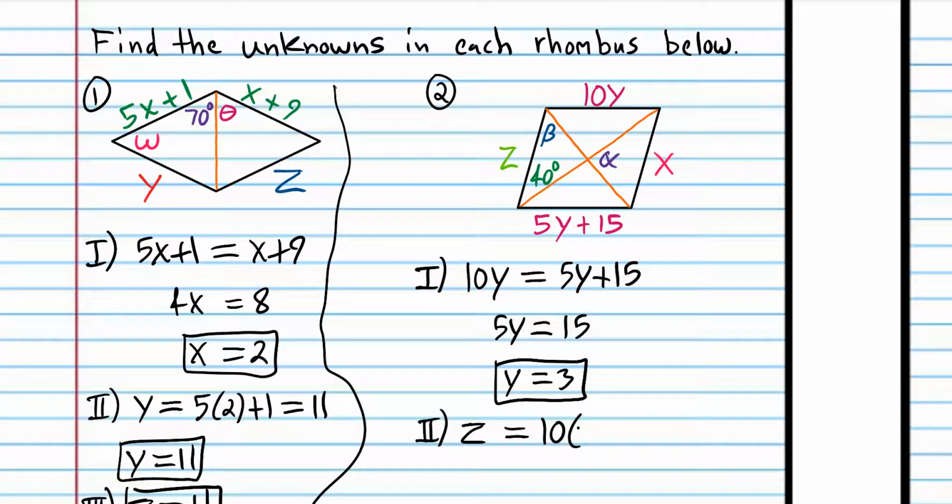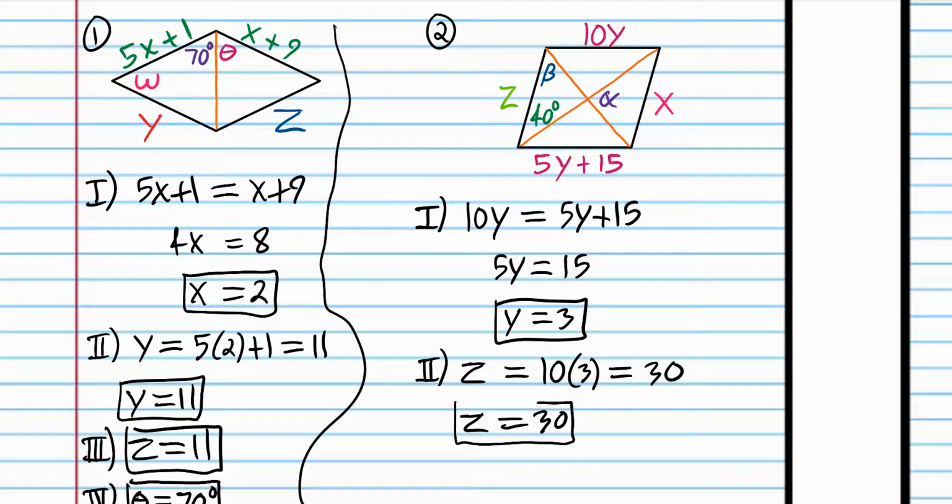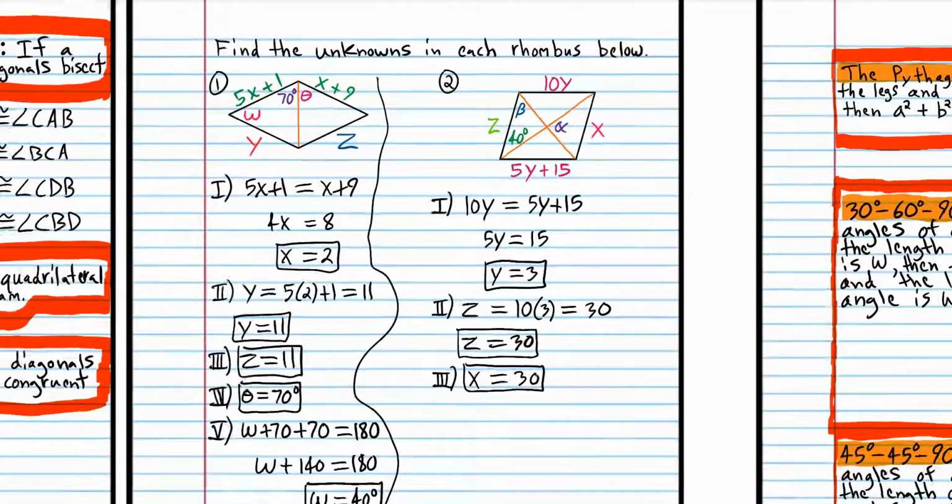I'll take 10y, but I'll plug in what we found for y. Z is 30. Because we know that z must be the length of each side. And we know 10y is a side, so we just plugged in 3. And so now we know x must be 30 also, because x is just another side. Again, these are rhombi, so all the sides are congruent.